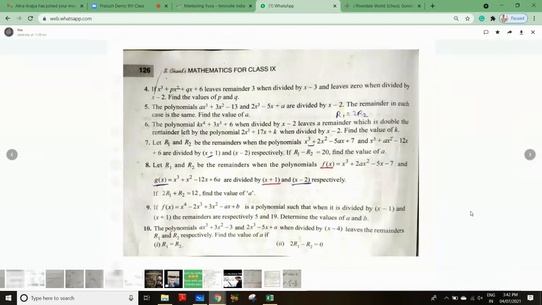Fourth question. Can you read and explain how you will solve it? You can read the question loudly.